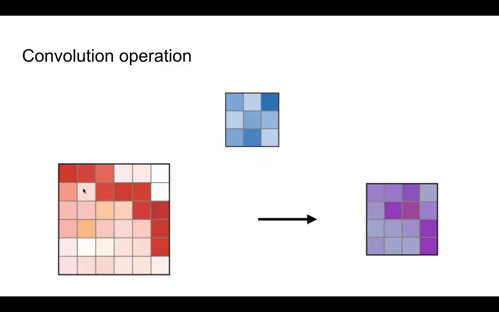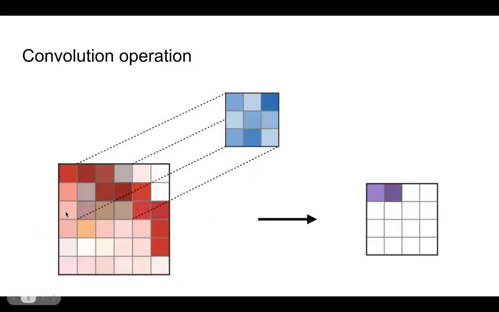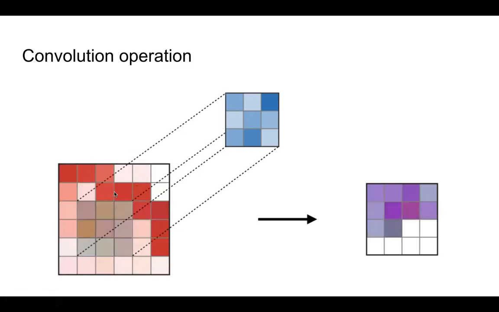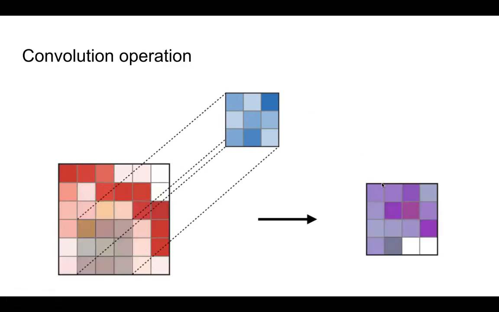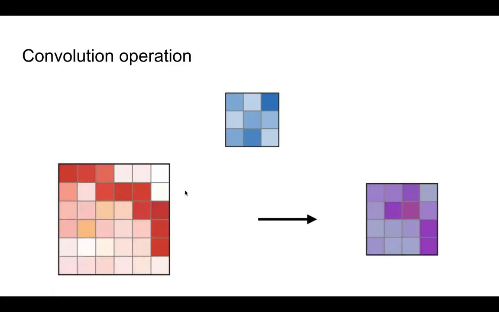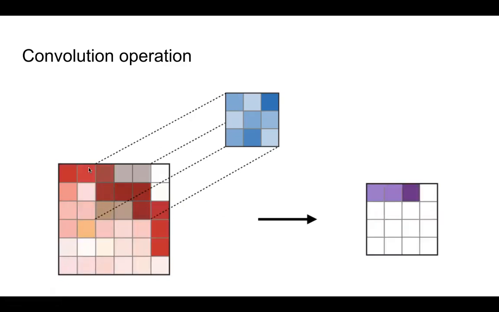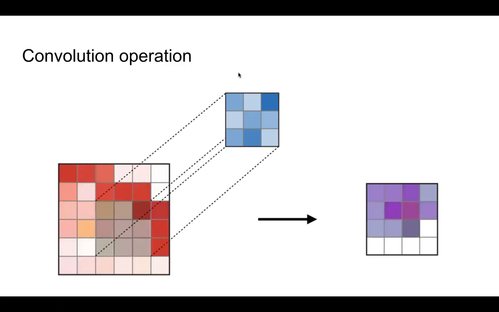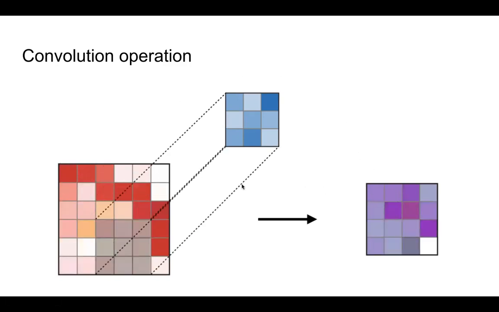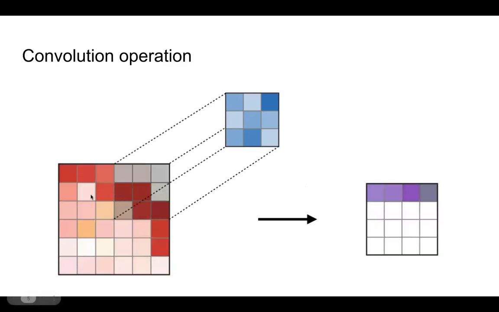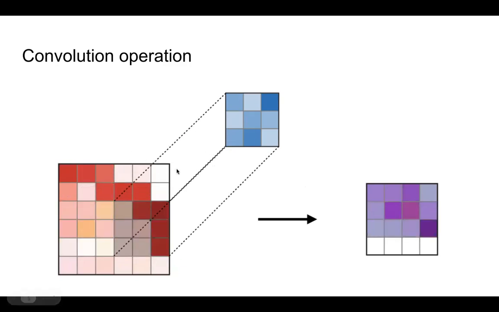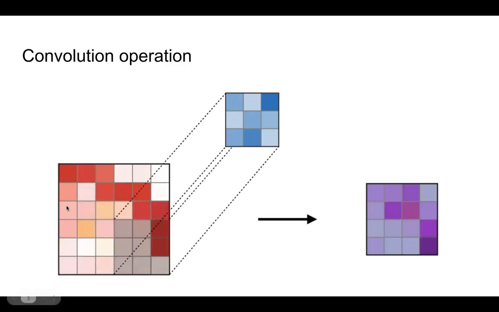We'll put it in the first 3 cross 3 block, do the convolution operation in this 3 cross 3, and we'll get one value, and we'll fill it in the first block here. Then we shift it by one place to the right, we get another value and fill the second place. Similarly, we'll go till the end of the first row, then we'll jump one row down, and we'll do the same thing again and again till we reach the end.